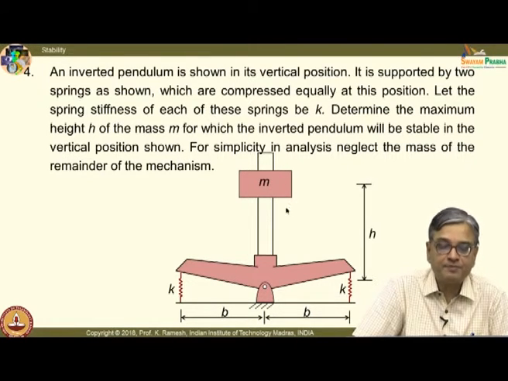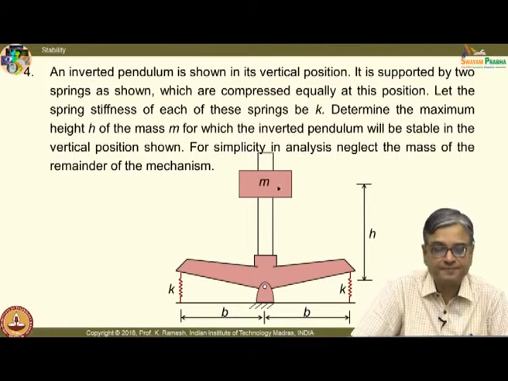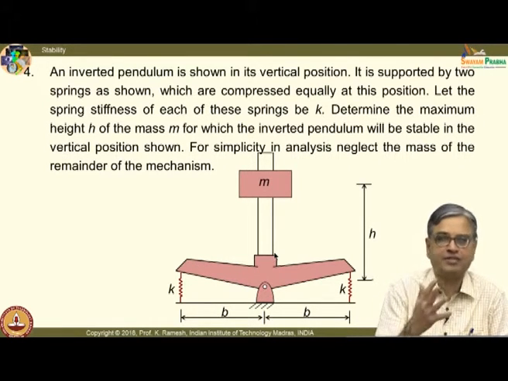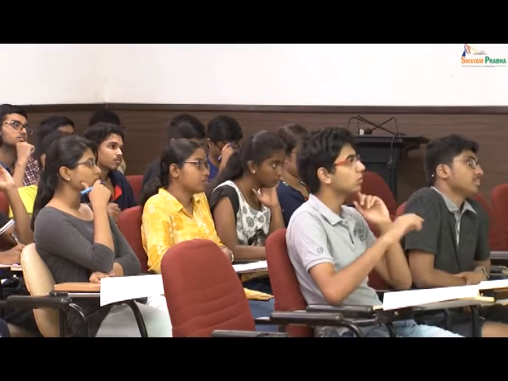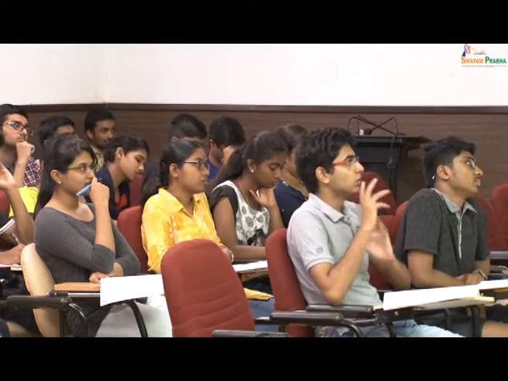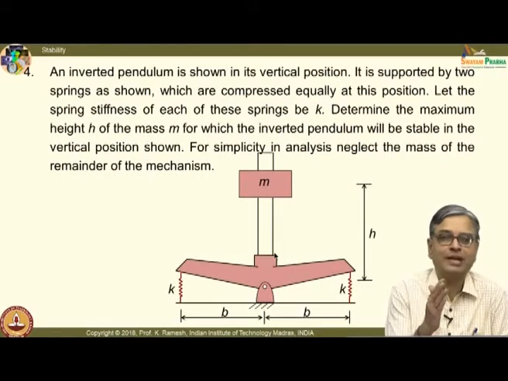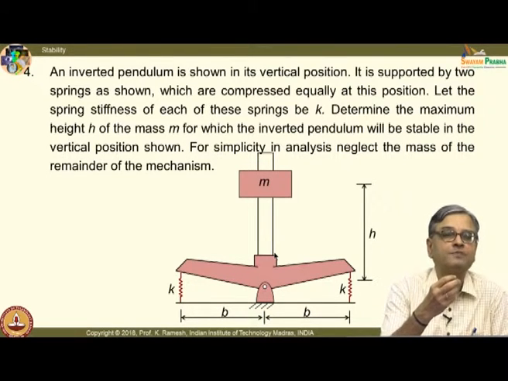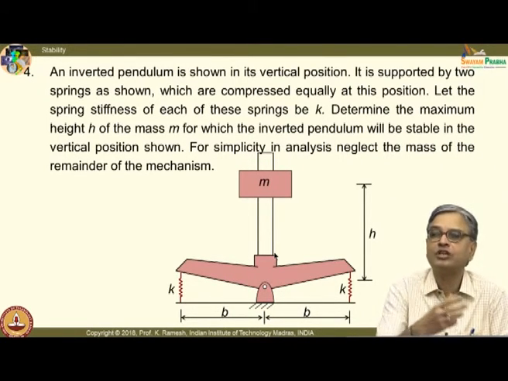To make our life simple, the problem itself states, for simplicity in analysis, neglect the mass of the remainder of the mechanism. We do not worry about all these limbs. You get a first approximation, get the physics of the problem. In all problems dealing with stability, we should start with some displaced position. You should understand, if there is a displacement, where the restoring force comes from to bring it back to the original position.